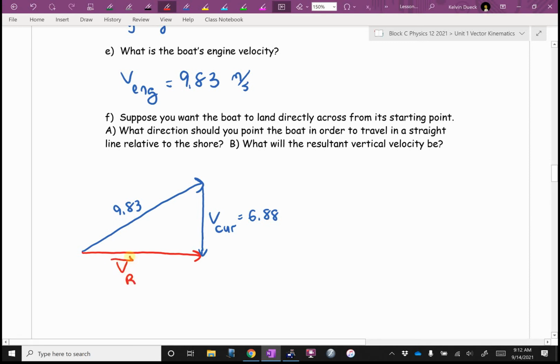VR for resultant. And I guess theta is going to go right here. Asks what direction? Opposite, hypotenuse, sine. Mystery angle. Theta equals 6.88 over 9.83.